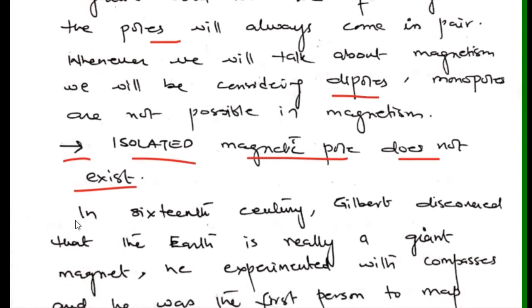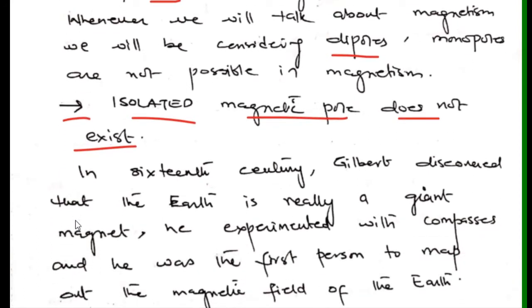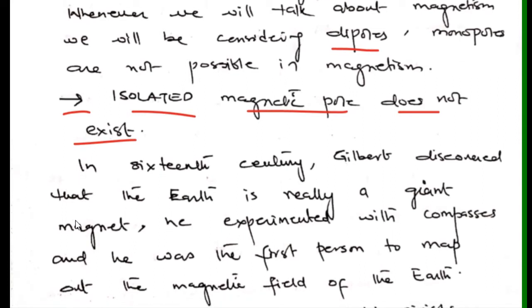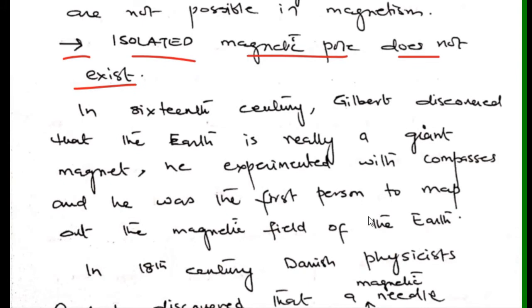In the 16th century, Gilbert discovered that the earth is really a giant magnet. He experimented with compasses, and he was the first person to map out the magnetic field of the earth.